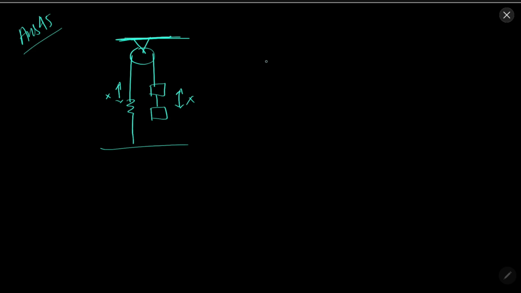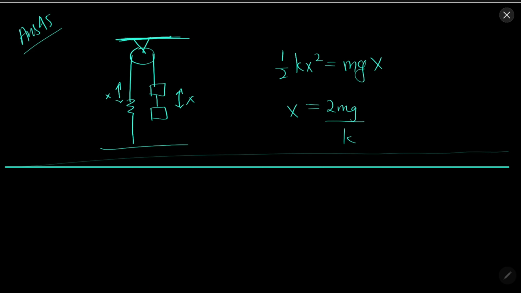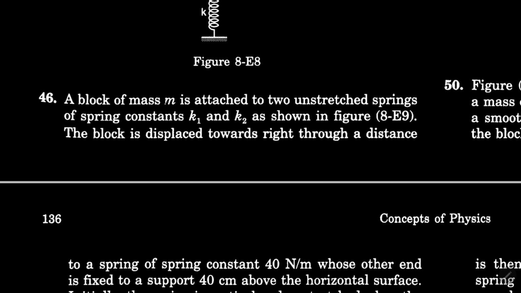Now half kx square will be equal to mgx. The potential energy of the spring will get converted into gravitational potential energy. So x equal to 2 mg over k. So this will be the change in the height.